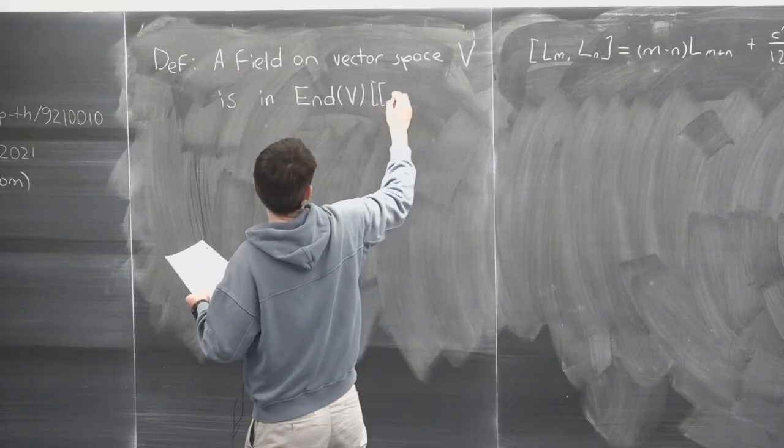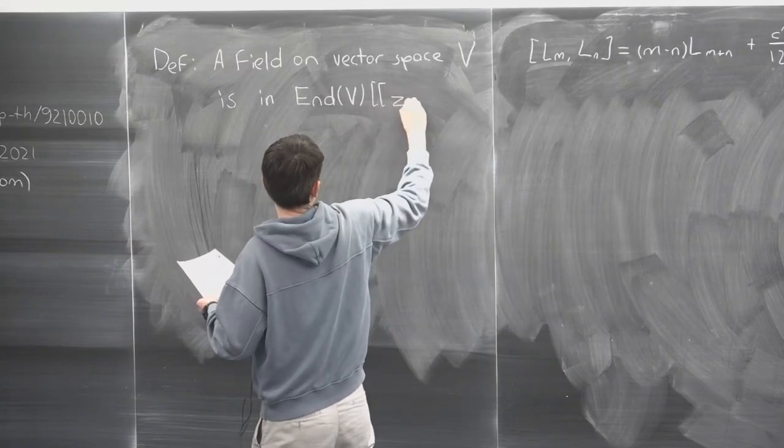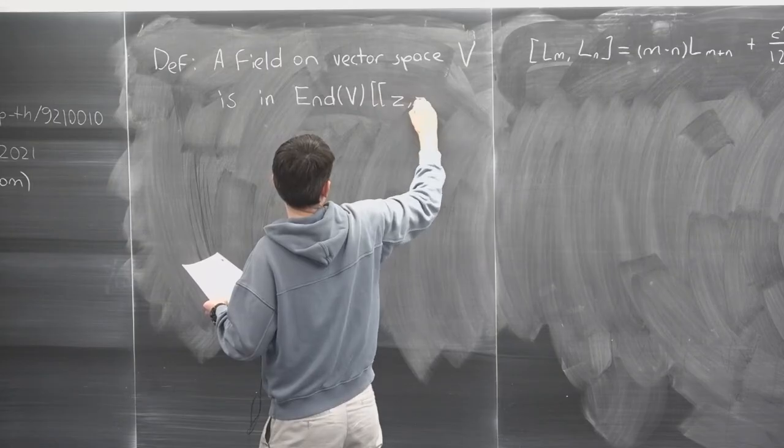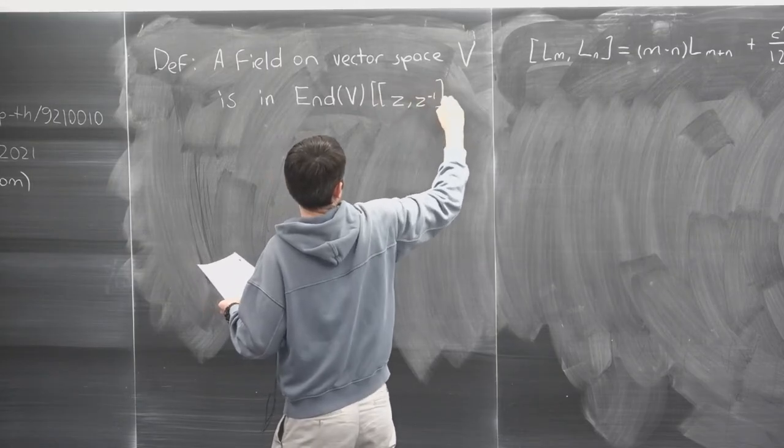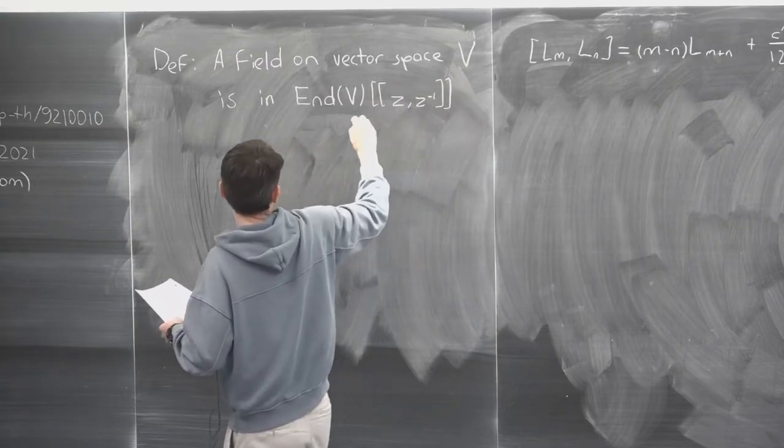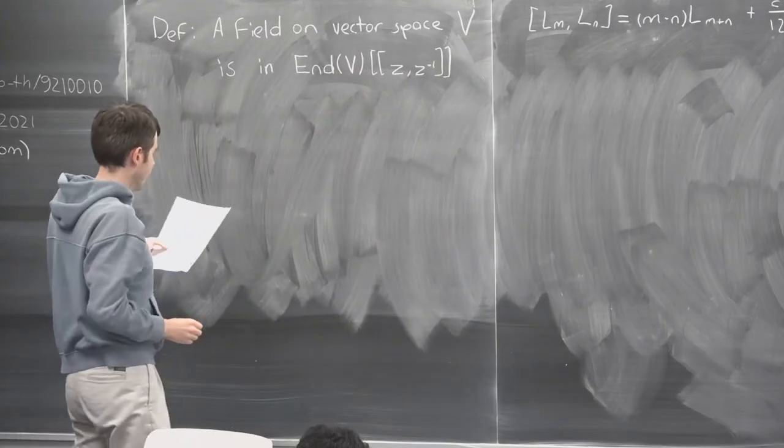It is a series in Z and Z inverse such that every coefficient is a linear map from V to itself.